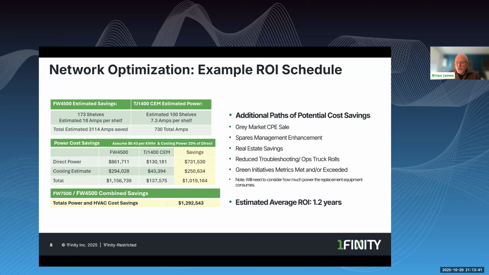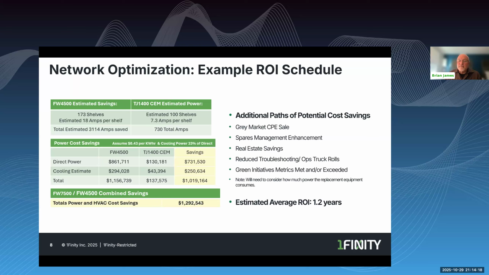Real estate savings, as it was shown, it would go from a huge DAX rack lineup to 2 or 3 or 4 RU boxes. Troubleshooting for your technicians and truck rolls is greatly reduced. And you hit your green initiatives, your metrics for your green initiatives are met or exceeded. And note here, you have to basically understand what your replacement equipment power consumption is and do the math there to see what the actual ROI savings are.